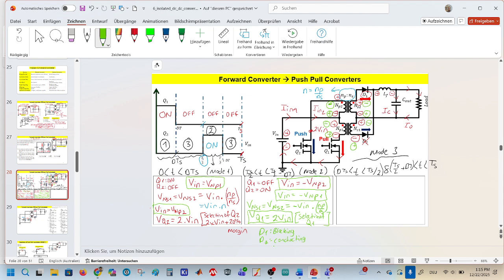We forget, for mode 1, D1 was conducting and D2 was blocking.